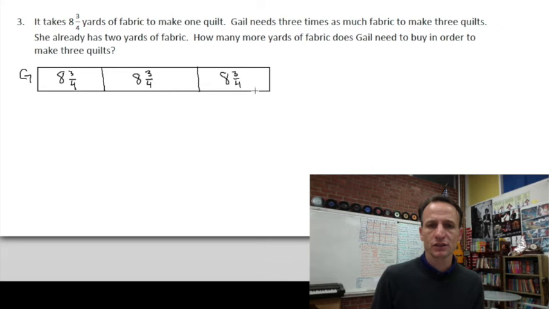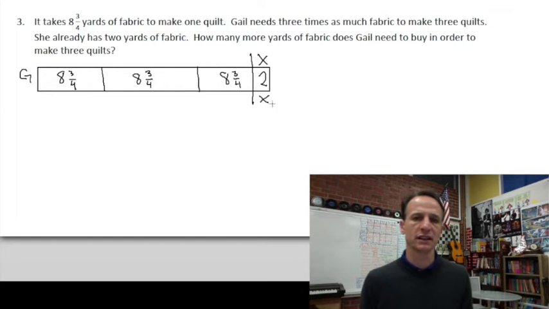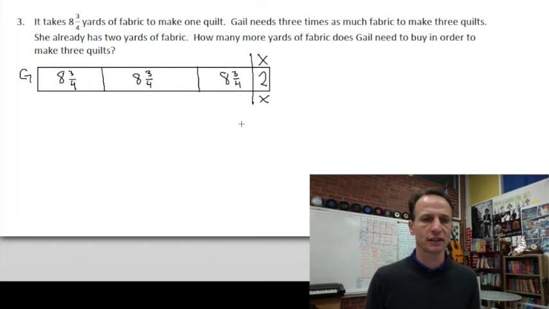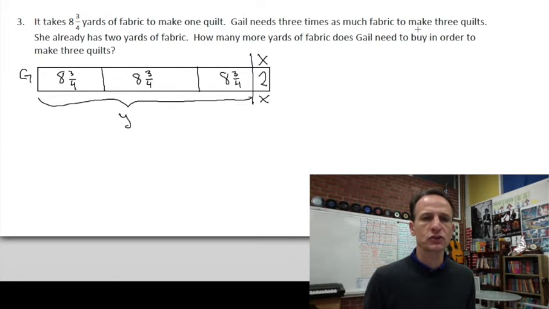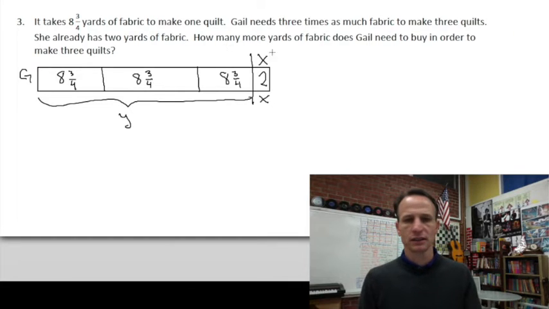Okay, so I can say, like right here, this is 2, and she doesn't need to buy that. All right, I'm going to signify it in this way with these X's here. What I'm trying to find then is this, and we'll call it Y for yards.